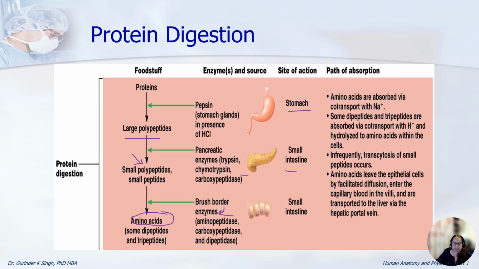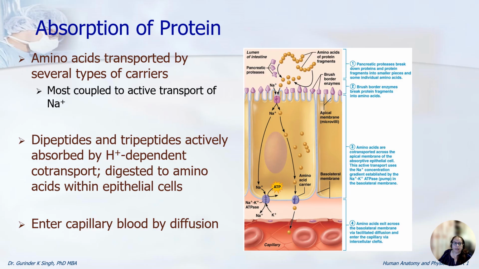Some dipeptides or tripeptides can also be there, and they can be taken up by the capillary blood in the villi and then transported to the liver via the hepatic portal vein. Absorption is done in several different ways.